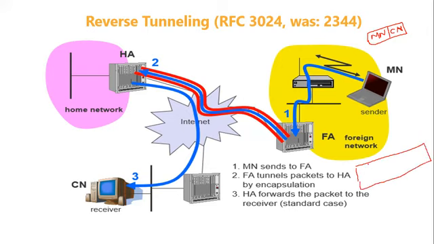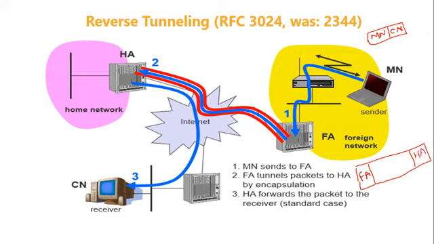For this bigger packet, the source IP address will be the FA, that is the foreign agent, and the destination IP address will be the HA.